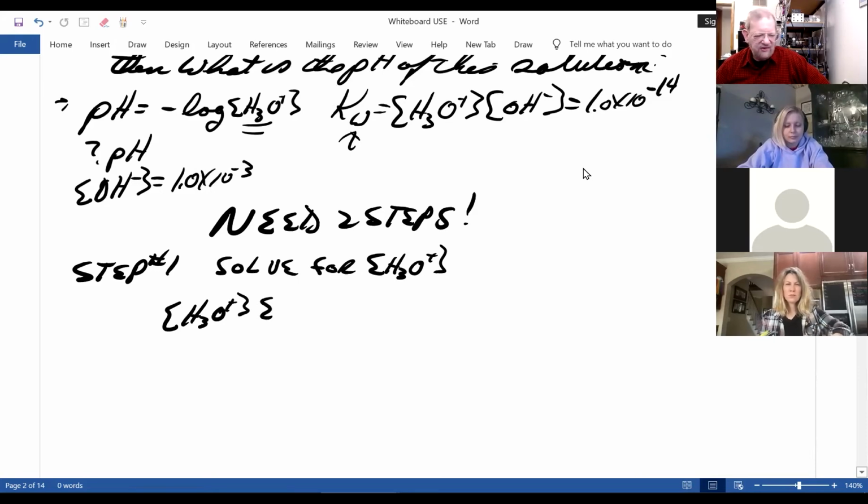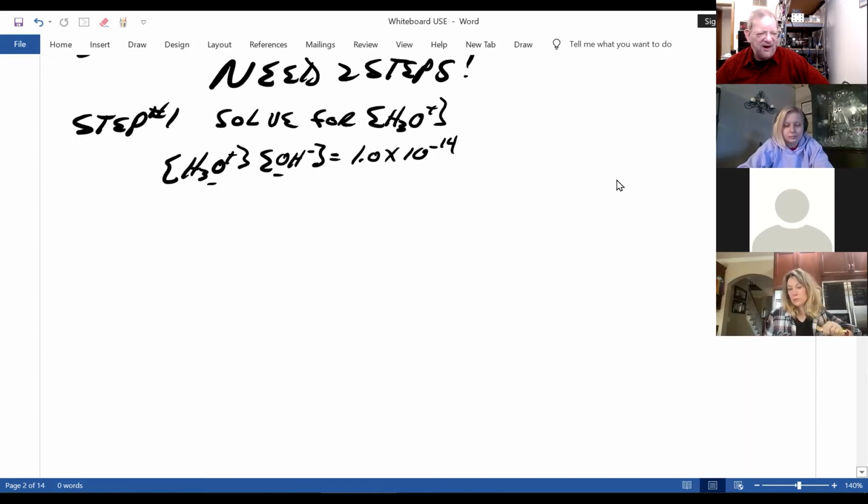The ionization constant, Kw, that's me, no, is hydronium times hydroxide is equal to 1.0 times 10 to the minus 14th at room temperature, which is what I'll always do. And how do you solve for the hydronium?